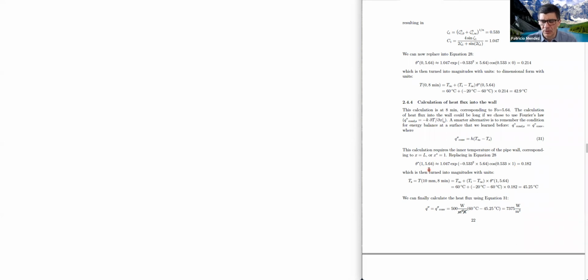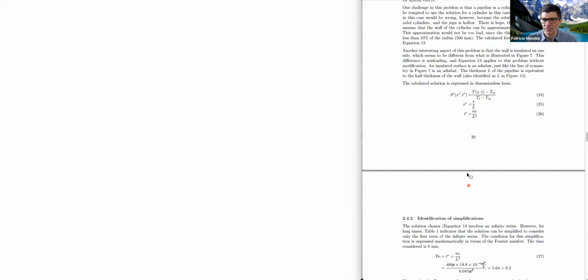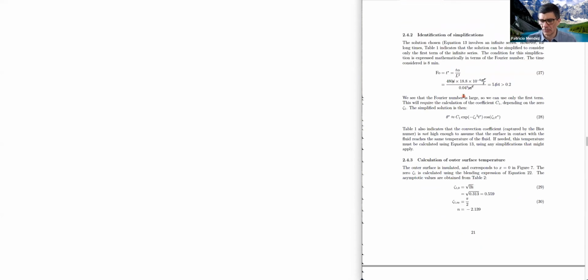So you see, we plug all the things that look much as before, but we have cosine of something that is not 0 anymore, is 0.533 times 1, not times 0. We get this value, whatever it is, because it's a dimensionless value, but we got it. We put it into the formula for temperature, that comes from this formula that turned temperature into a dimensionless magnitude.